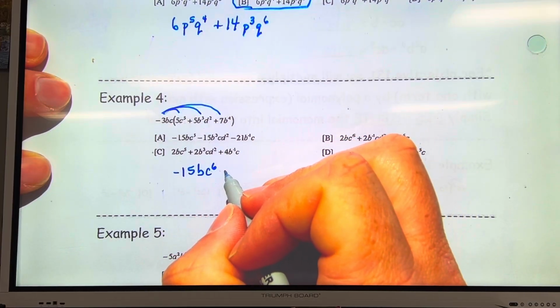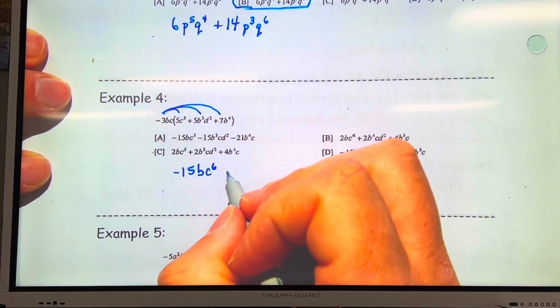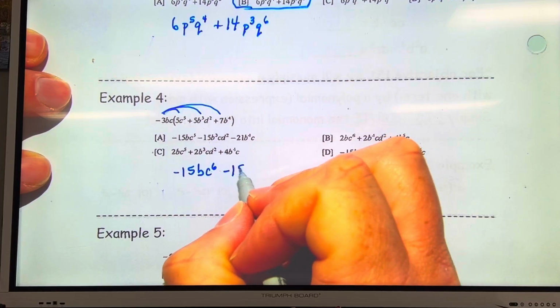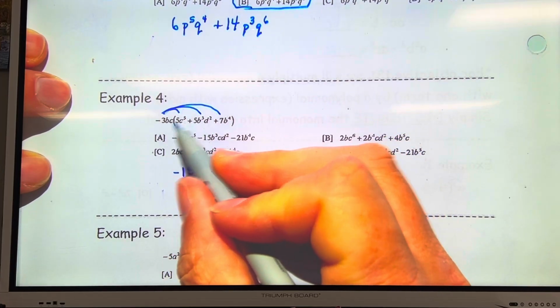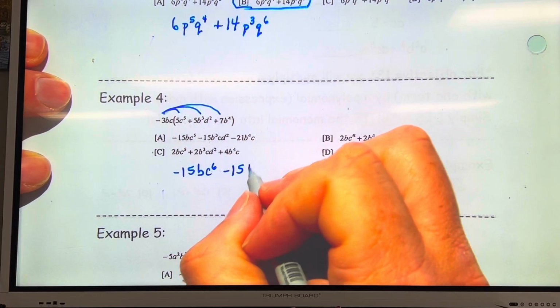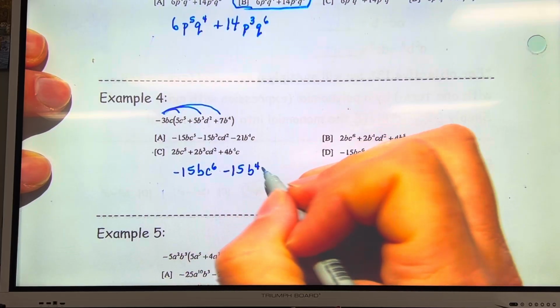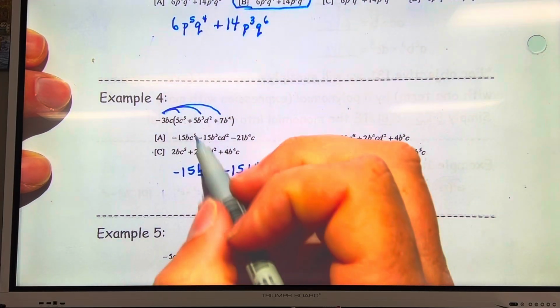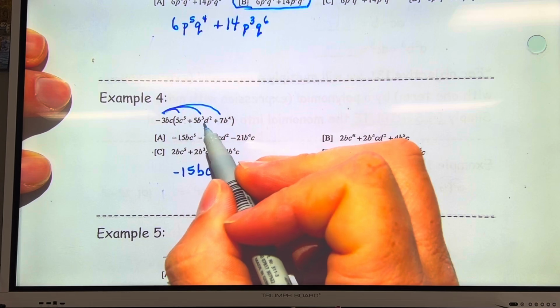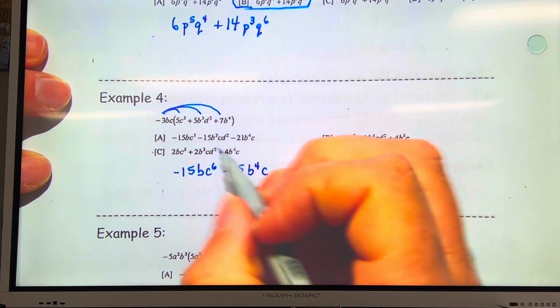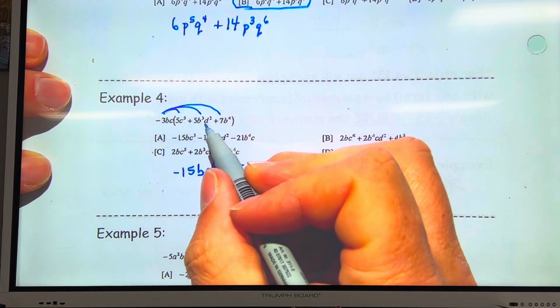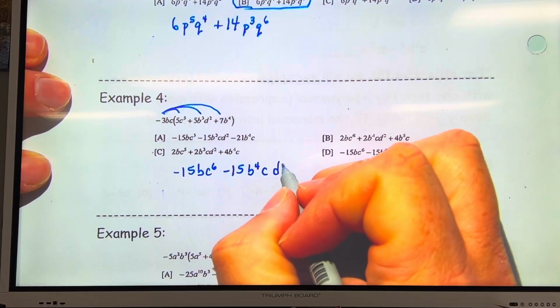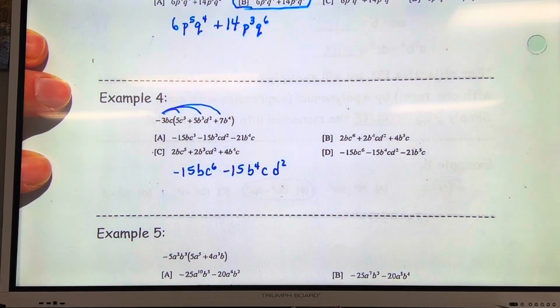And then I'm going to go negative 3 times 5. It's also negative 15. Multiply the B pieces together and get B to the 4th because it's 1 plus 3. There's no C piece here, so I'm just going to write the C piece in, and then there's no D piece over here, so I'm just going to bring the D down, D squared, because I'm just multiplying times 1.